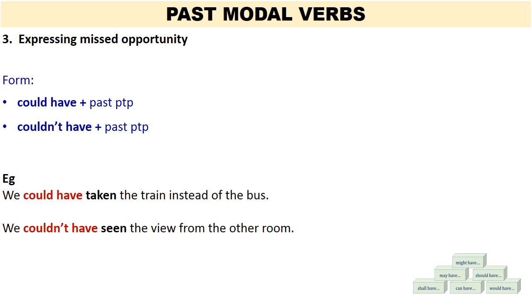For example, we could have taken the train instead of the bus. We could have taken. So could have plus the past participle form of the verb take. In the negative, we could say, we couldn't have seen the view from the other room.